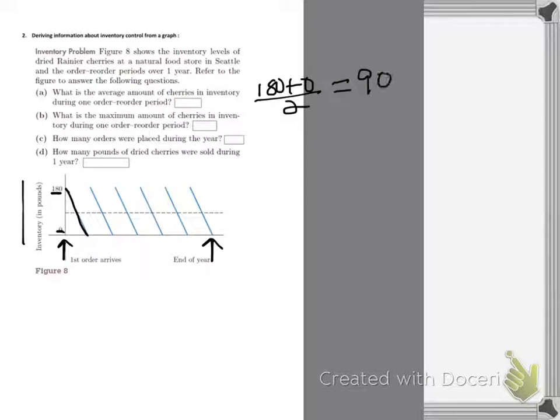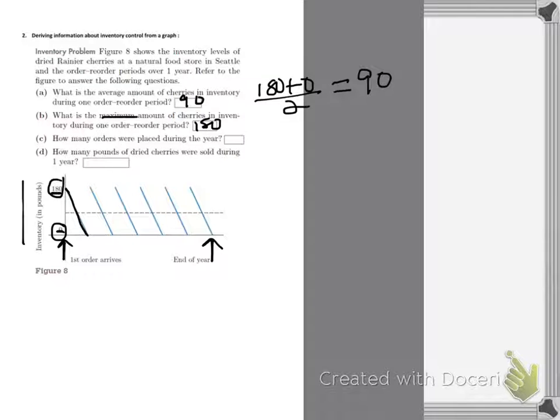So the average inventory during that one reorder period was 90 pounds. Question B says, what is the maximum amount of cherries in inventory during one reorder period? So what's the maximum? The maximum will be 180 pounds. What's the minimum? The minimum would be 0 pounds.